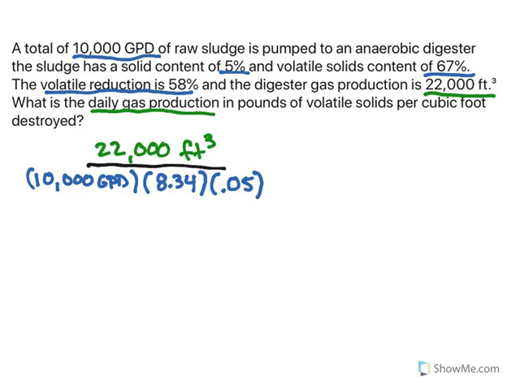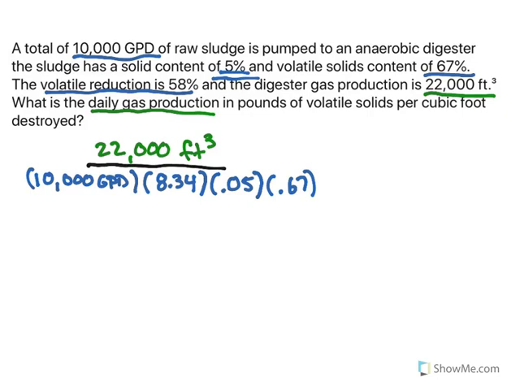This equation includes 0.05, because sludge has a solids content of 5%. So out of this 10,000 gallons times 8.34 pounds per gallon, only 5% of it is solids content. Next, we multiply by 0.67 because out of that solids content, only 67% is actually volatile content.